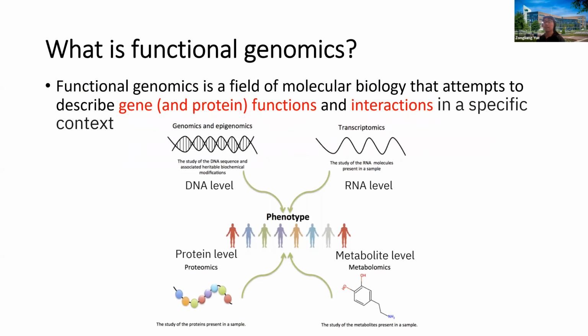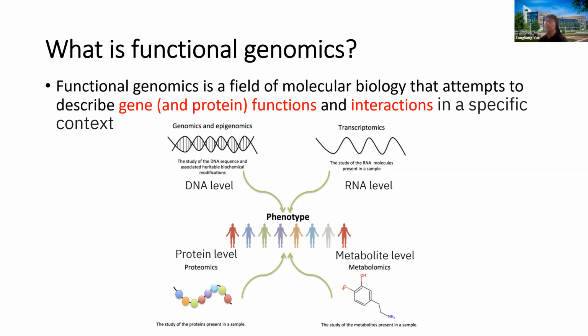So the first question you may be curious about: what is functional genomics? When talking about functional genomics, it's always about gene functions or protein functions. And once talking about functions, you cannot ignore the interaction between those genes and proteins. Therefore, this definition comes to gene function or protein function and interaction in a specific context.